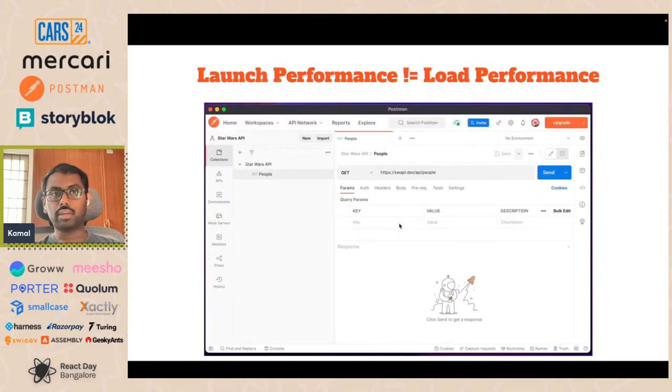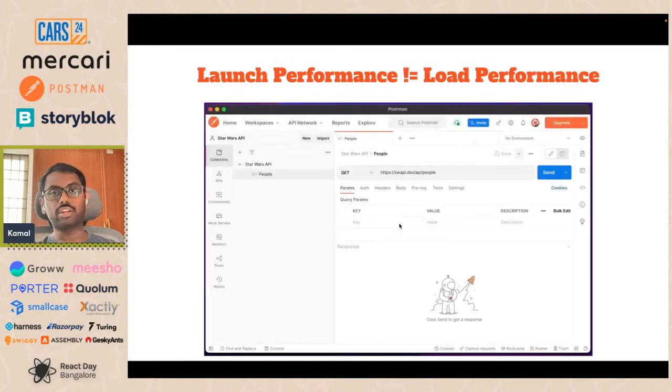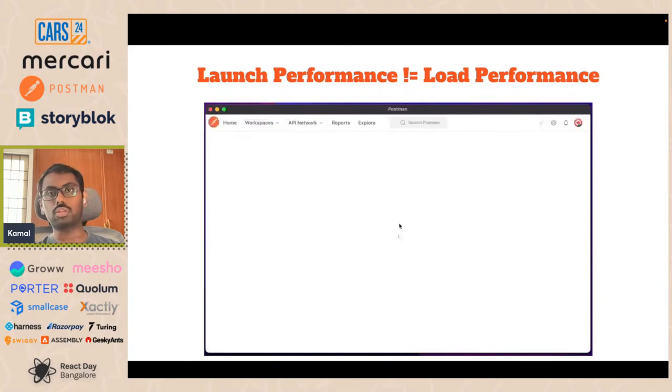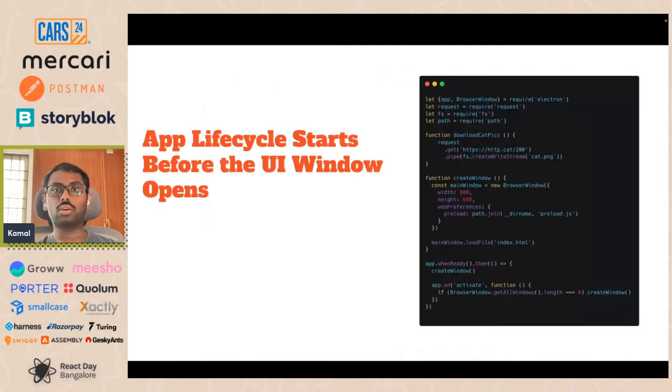The first thing to keep in mind is that launch performance on Electron is slightly different from load performance of a normal website. The reason for that is your application lifecycle actually starts much earlier than the user interface or the UI window.